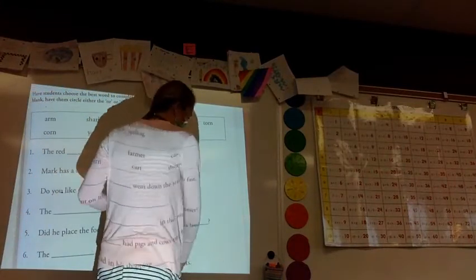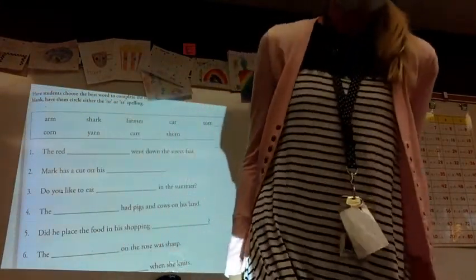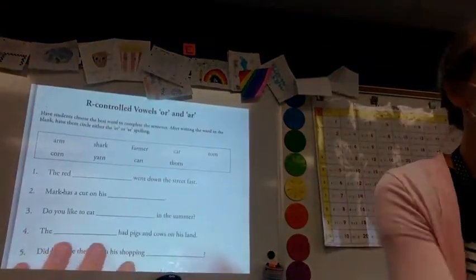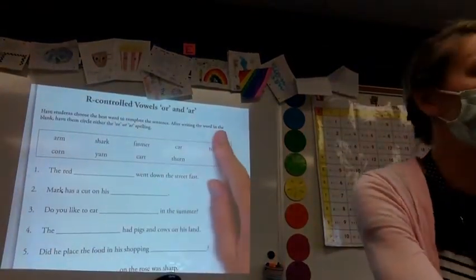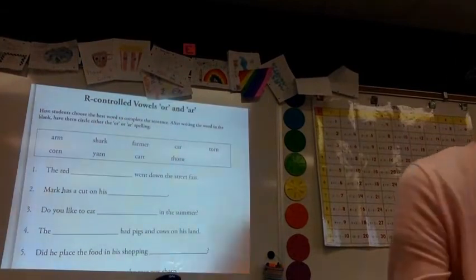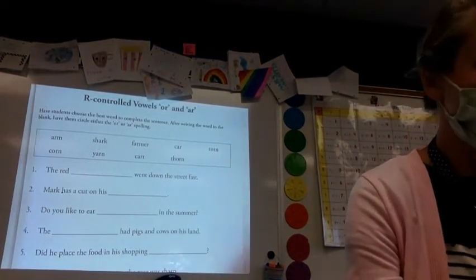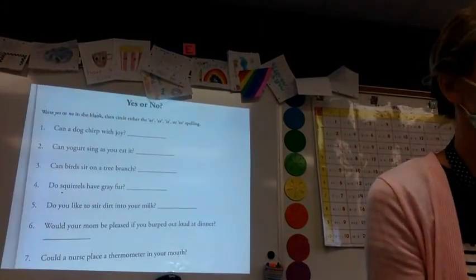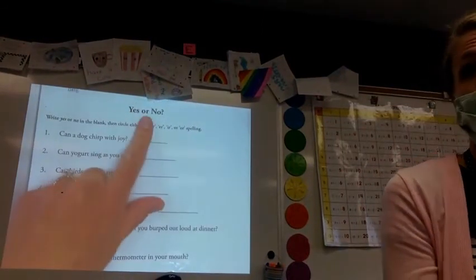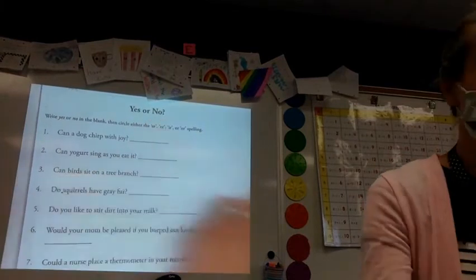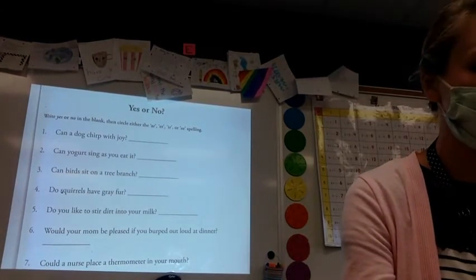I'm going to go over directions for it, but you don't need yours out. This is the R-controlled vowels, O-R and A-R. We can find this on page 137. And then we're also going to do R-control, or we'll look at yes or no. And the yes or no today is going to be found on 139.